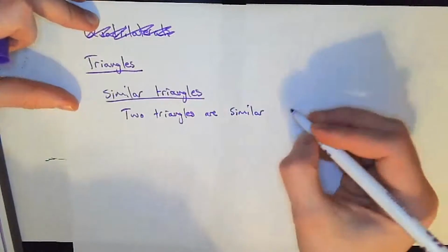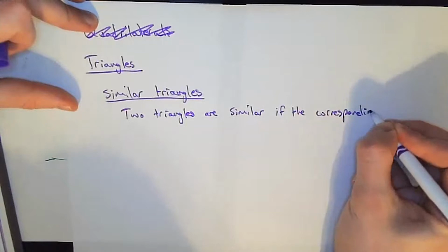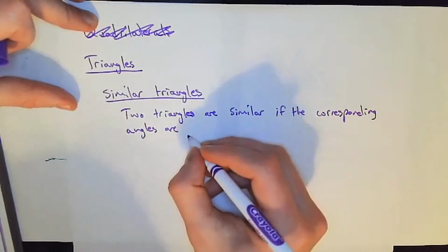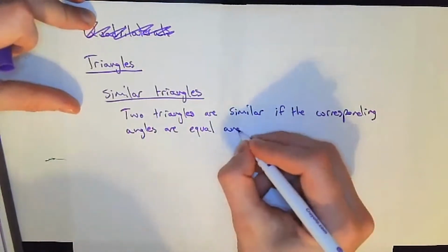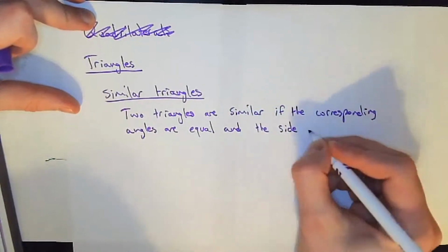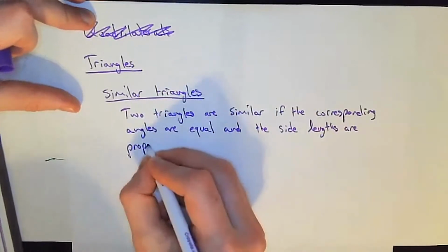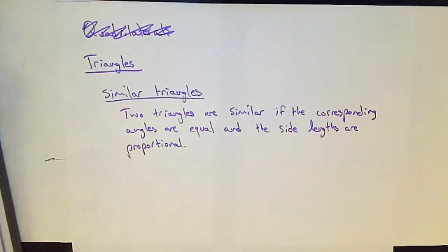Two triangles are similar if the corresponding angles in the triangles are equal and the side lengths are proportional.